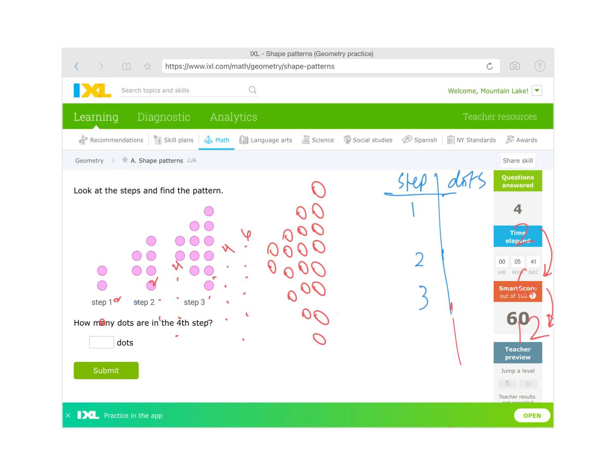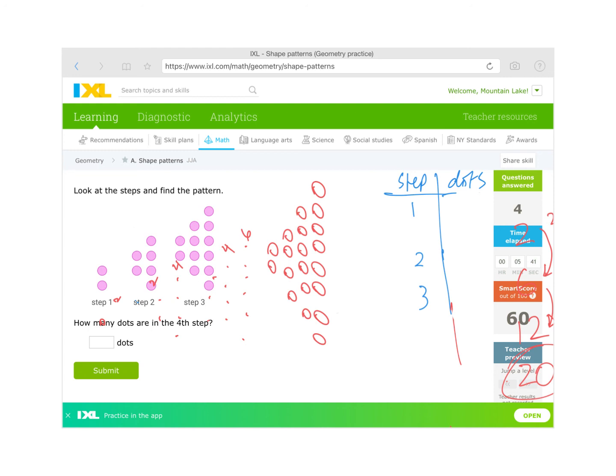So basically what's happening over here is that this is 2 plus 4, right? This one is just 2, and then this one is 2 plus 4 plus 6. And then the next one would be 2 plus 4 plus 6 plus 8. So that would get you to 20.